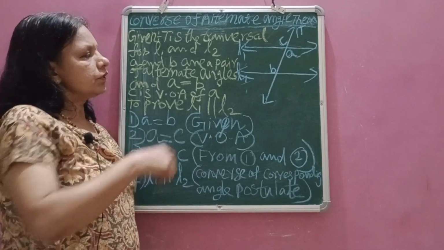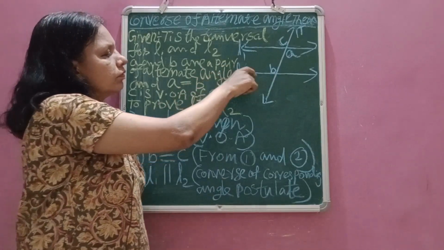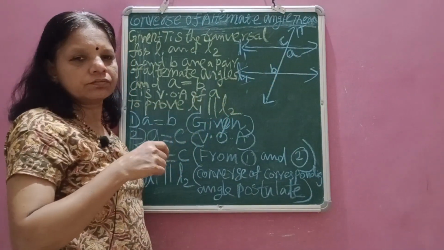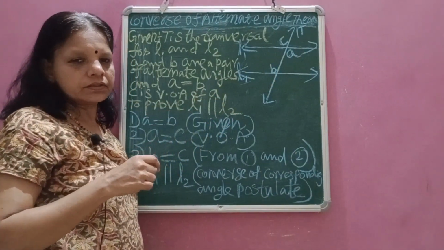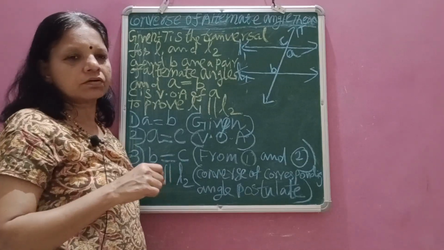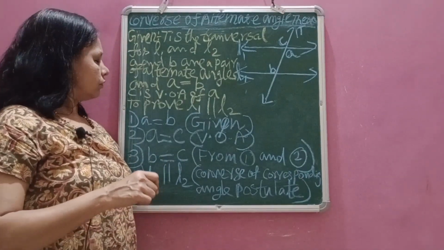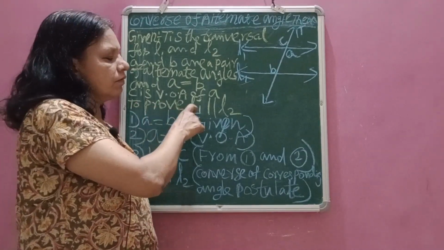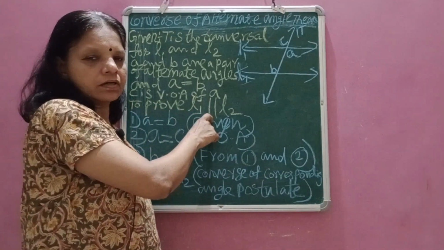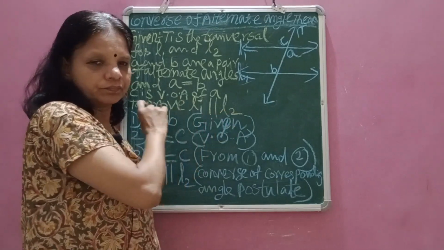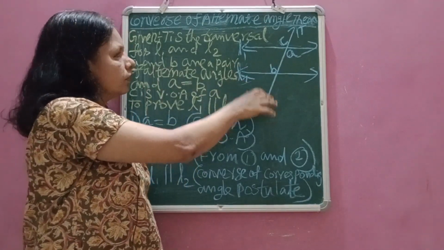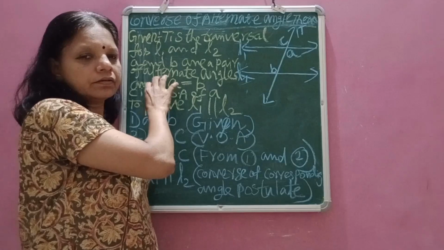Clear? Measures of A and B are measures of alternate angles. C is the measure of the vertically opposite angle of A. To prove line L1 parallel to line L2. This way you have to draw the figure, write given and write to prove.